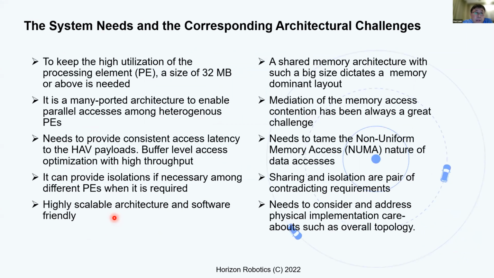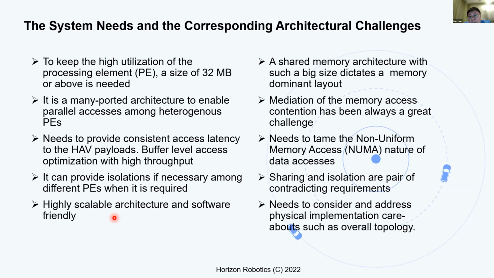On this page, we list out the system needs for such an on-chip shared memory architecture. However, I want to summarize and give the highlights on the architectural challenges. First and foremost, such a high volume shared memory architecture has a very memory dominant layout, and we will have a sea of memories to build up the layout.